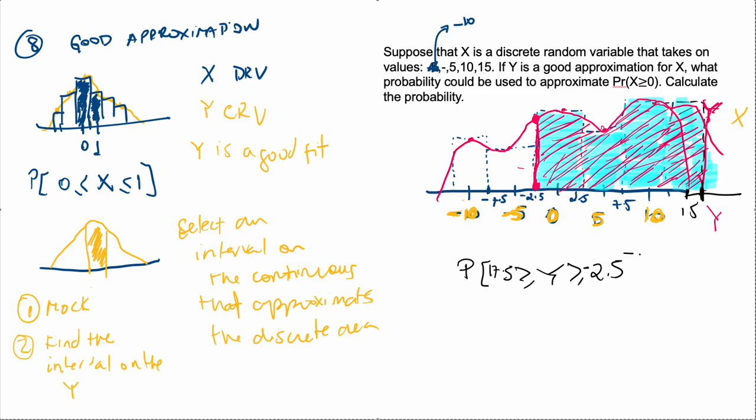Okay? So this is the interval. So this here is 12.5. This is 17.5 because 15 is in the middle. So that's what you're doing. You're selecting in your pink curve the same area. Okay? Good?